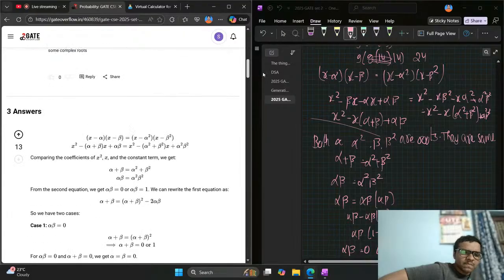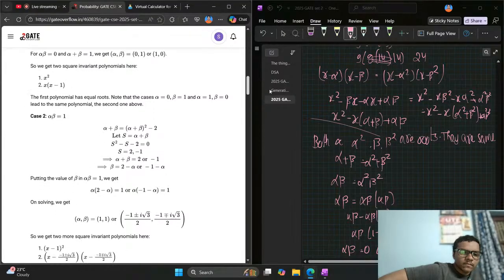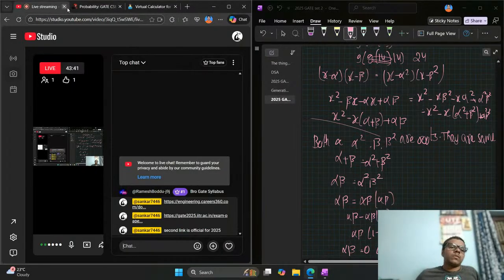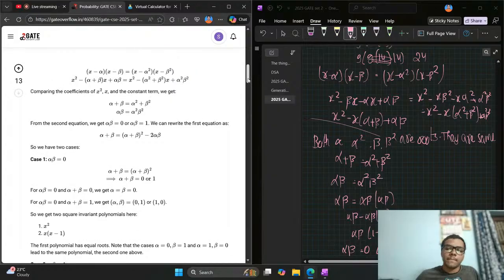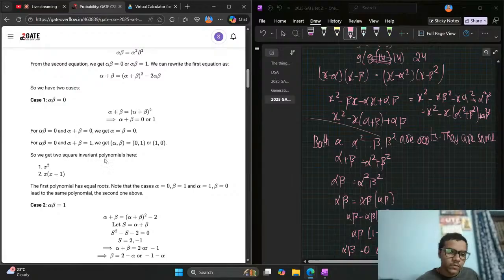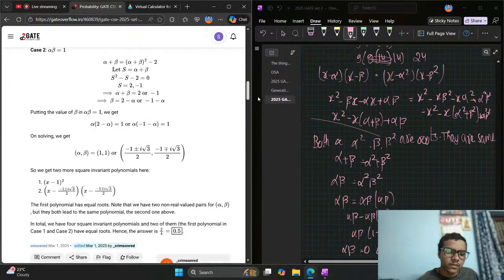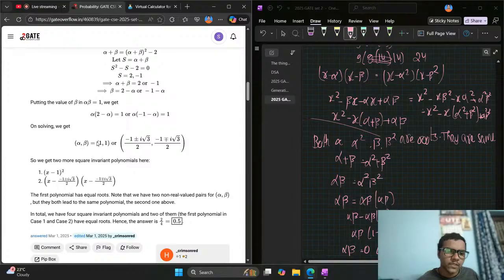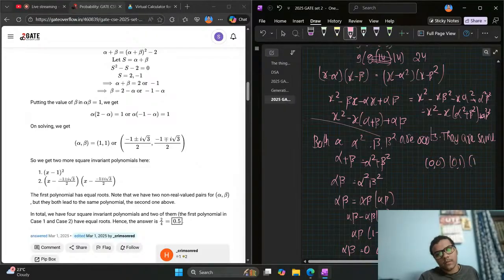So we got this equal, not equal, equal case 1, equal case 2. Out of how many? 0, 0, 0, 1, 1, 1.